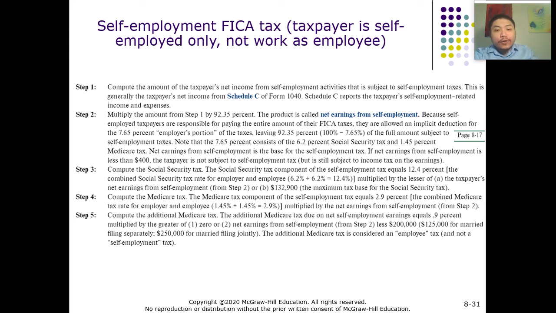Then in step 5, we calculate the additional Medicare tax. I think I may have forgotten to mention this part.